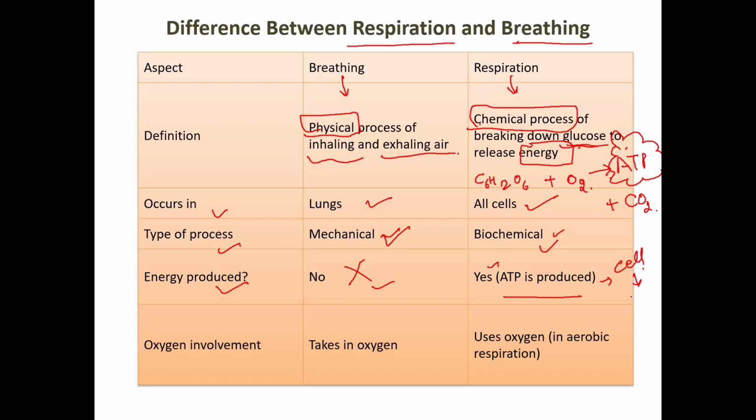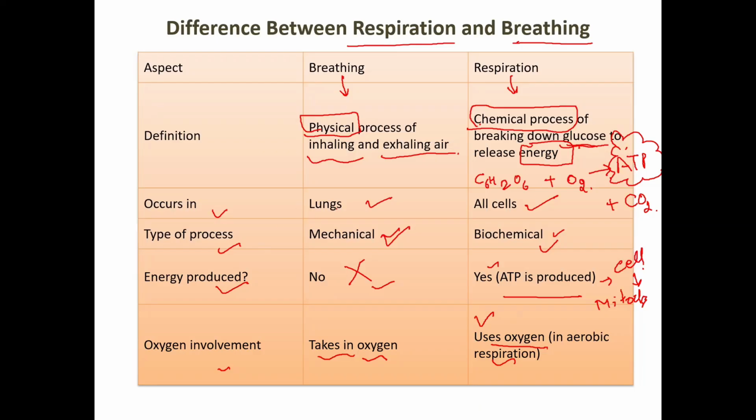Which organelle produces this ATP? Yes, mitochondria. Now, the oxygen involvement. Aerobic respiration uses oxygen. What is aerobic respiration? Aerobic respiration is a type of respiration that happens in the presence of oxygen.